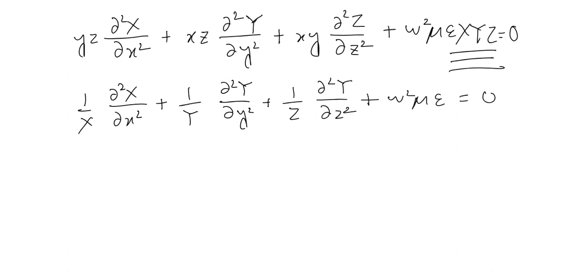Now, if we think about the rectangular waveguide as a superposition of two parallel plate waveguides, then we can kind of guess what will be the behavior of the wave inside this waveguide.